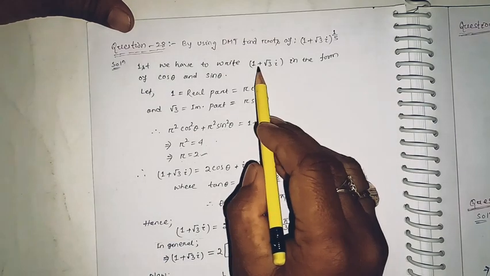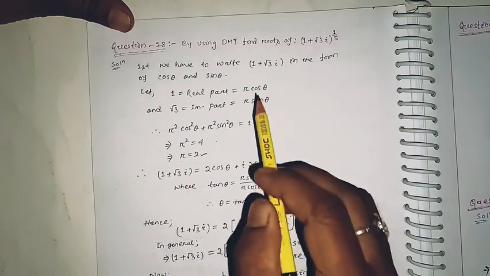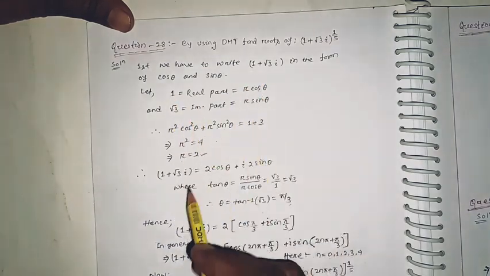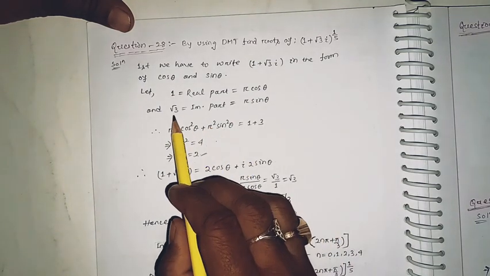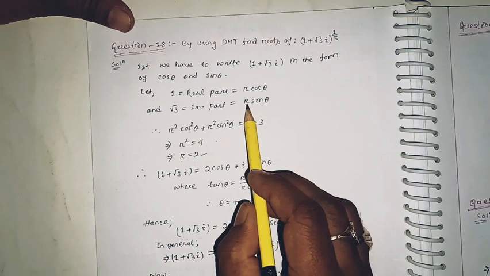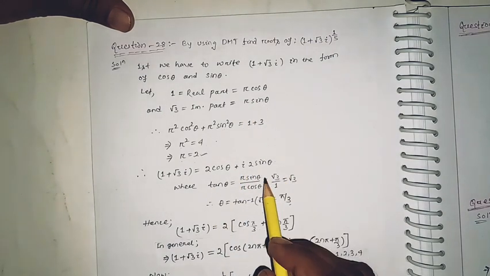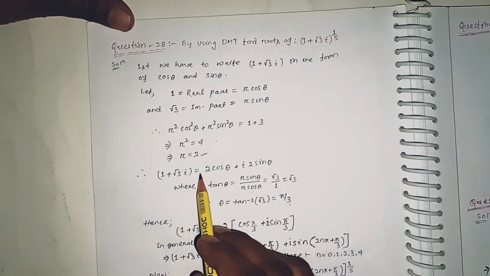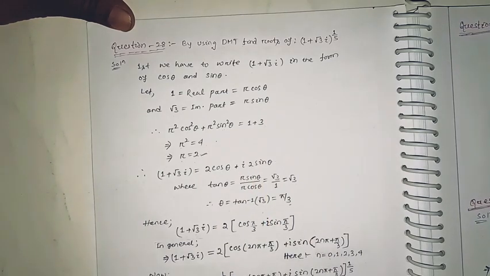Now 1 + root 3 i will be written with 1 considered as r cos theta. So instead of r, we can put 2 cos theta. Here root 3 is considered as r sin theta. So instead of r, we can substitute 2 sin theta. So 1 + root 3 i is written as 2 cos theta plus i 2 sin theta.